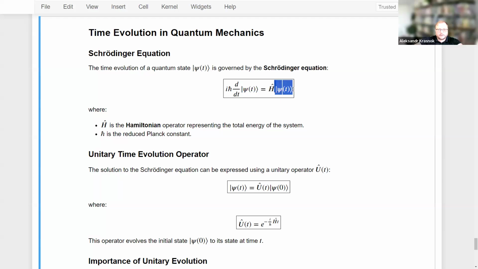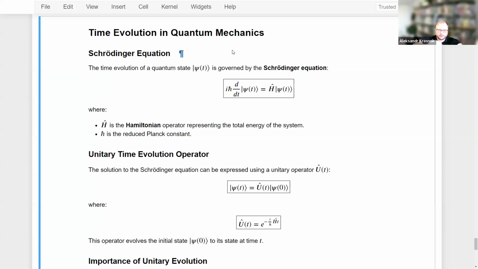So this is the state vector at some moment t. Then it connects this state vector at some moment t to another time moment through this time derivative, right?